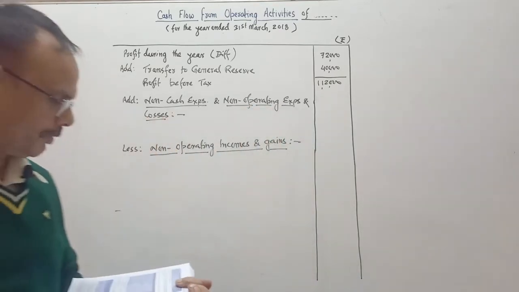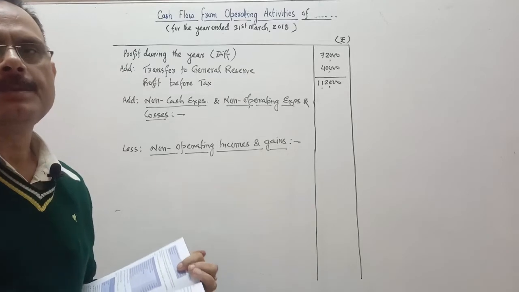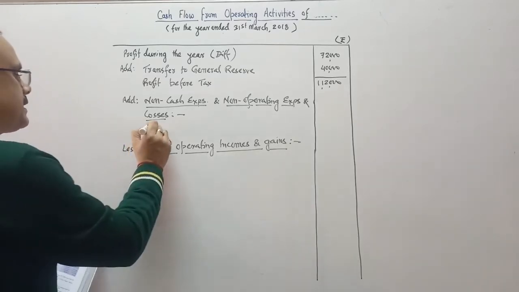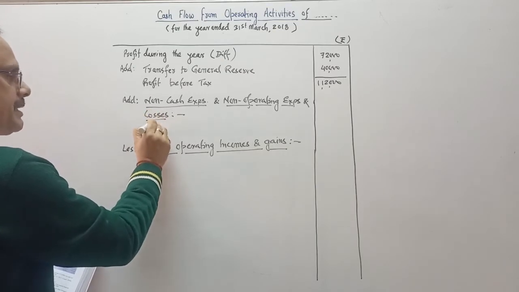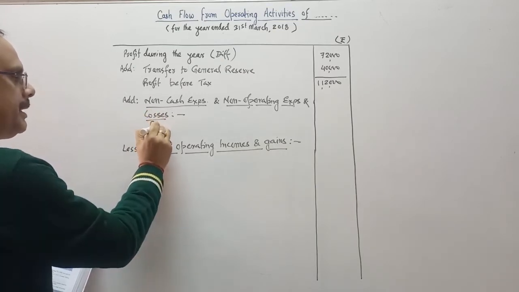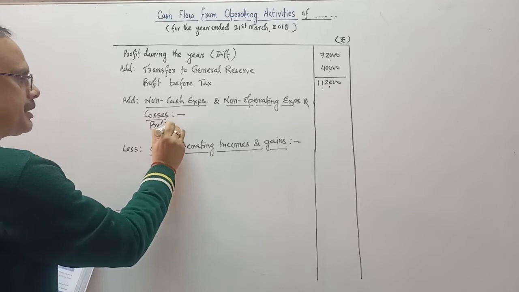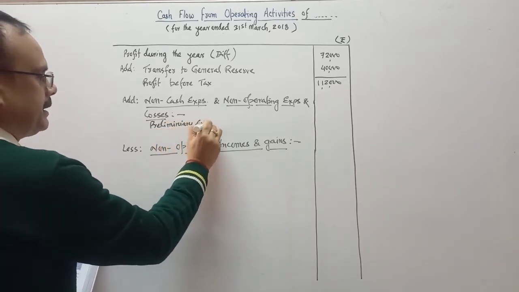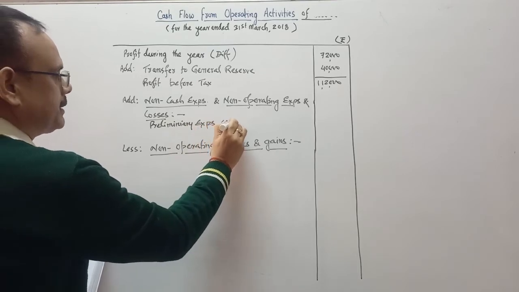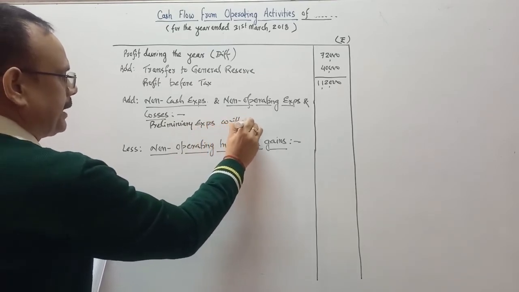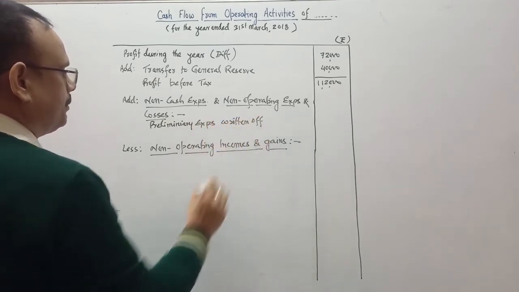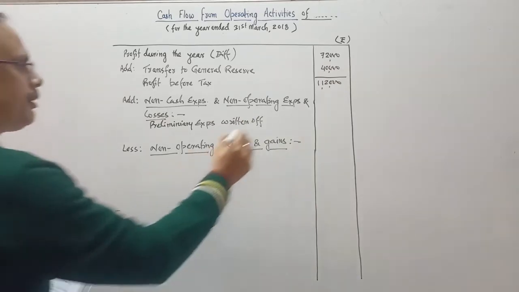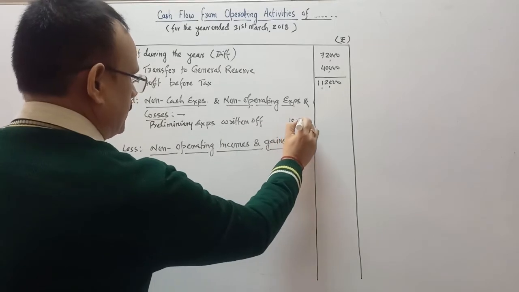Now seeing this information, writing off of preliminary expenses is a non-cash, non-operating expense. Preliminary expenses written off is 10,000.